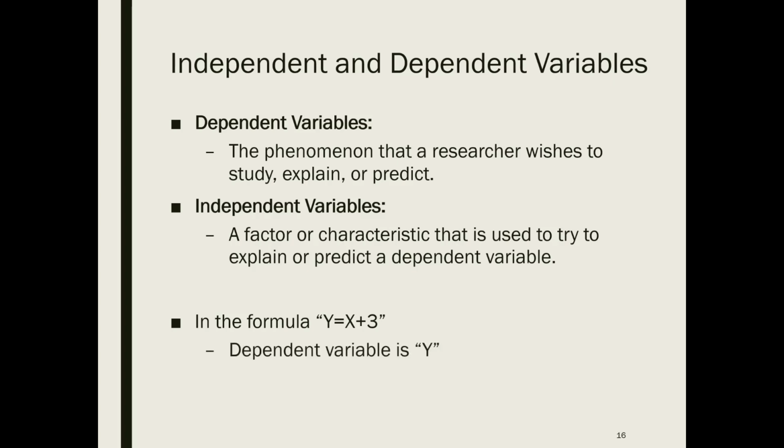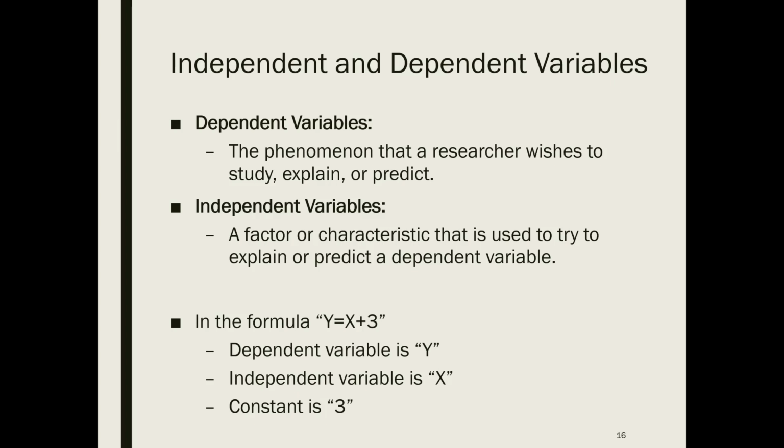So here you can see the dependent variable is y, and the independent variable is x, because we are using x to predict y, right? If x equals 1, y equals 4. If x equals 5, y equals 8. Now you might ask, why can't we use y to predict x? Yeah, but it's the same thing, okay?